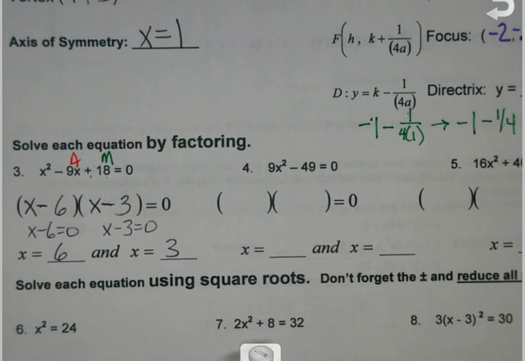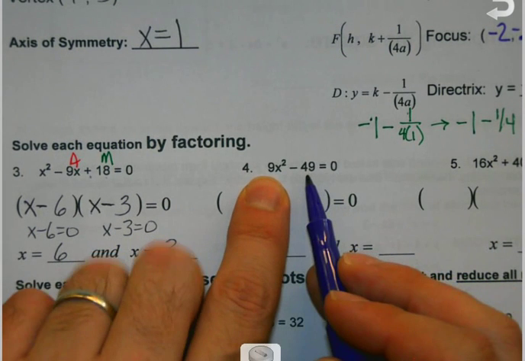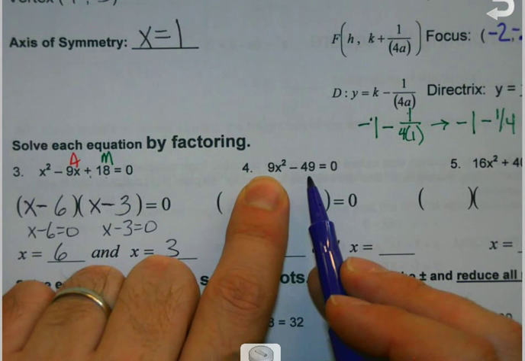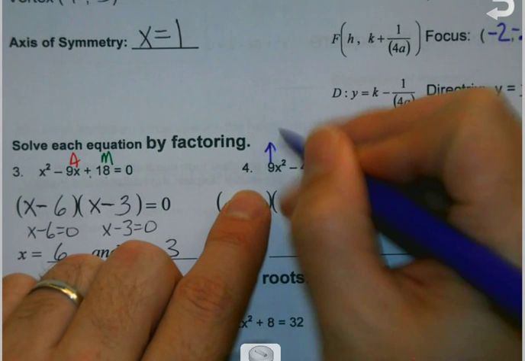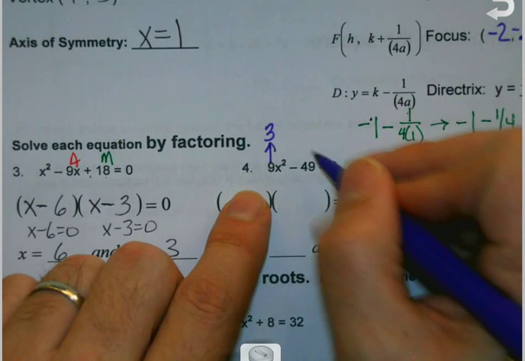Okay, and unlike the radical ones we'll be doing a little bit later, we don't have to worry about, oh, do those answers work, they do. Okay, get my solutions. Now the next one, again, we're looking for patterns. Ooh, what's special about 4 and 49? They're both perfect squares. Okay, so what do I square to get each of my terms?